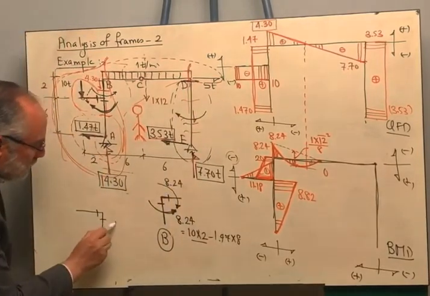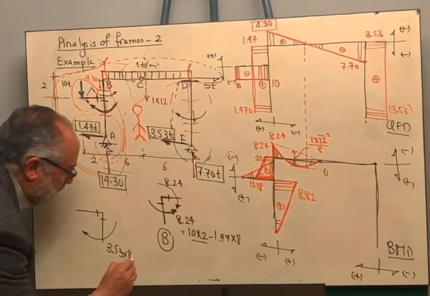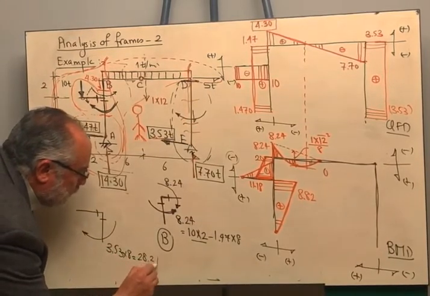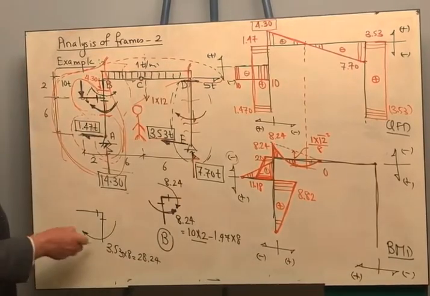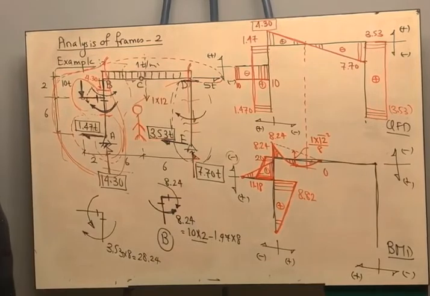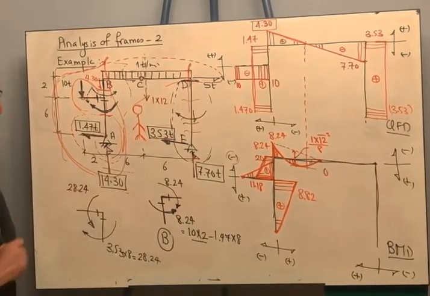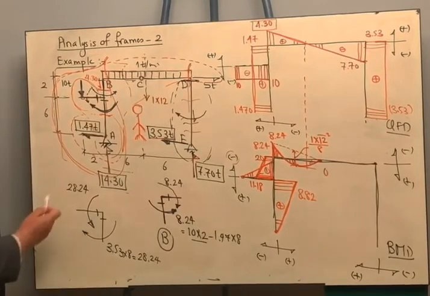So we are having moment here, 3.53 multiplied by 8, which is 28.24. How can this joint be in equilibrium? There should be a moment in the opposite direction, and it has the same value, 28.24. Now we got the moments at point D. Let us draw this there.